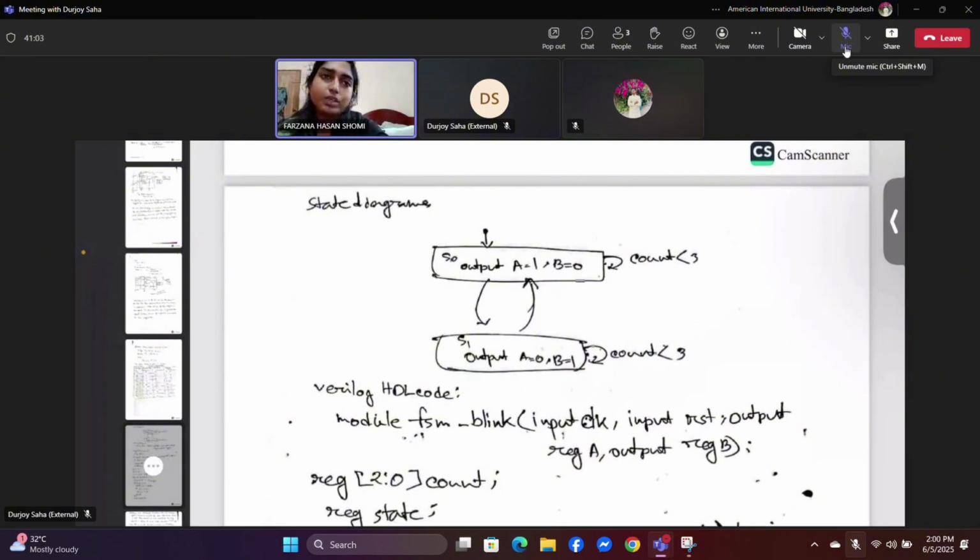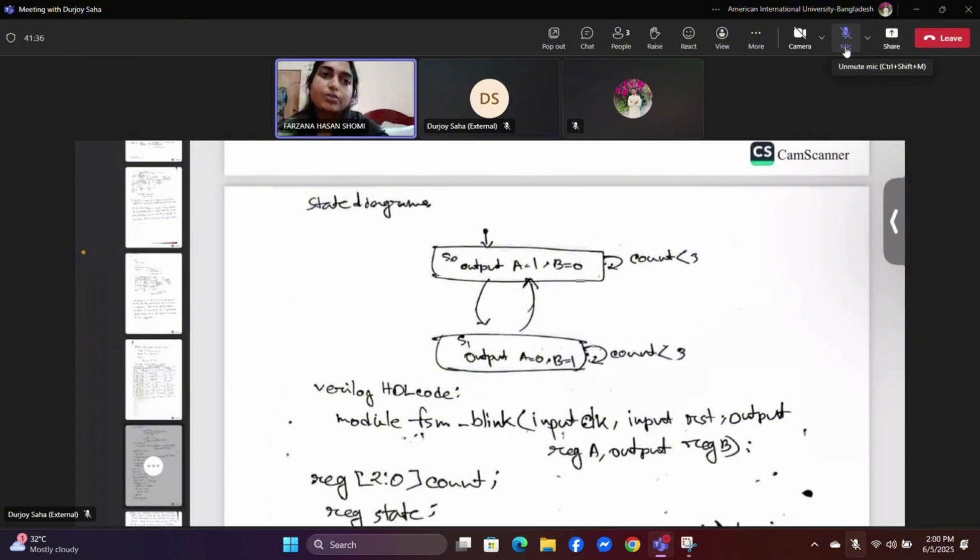The system stays in this state as long as the counter is less than 3. Once the counter reaches 3, we transition to state S1. In state S1, the output switches: A becomes 0 and B becomes 1. The system stays in S1 while the counter is below 3 and moves back to S0 when the counter hits 3 again. This forms a loop where the outputs toggle every 3 clock cycles.